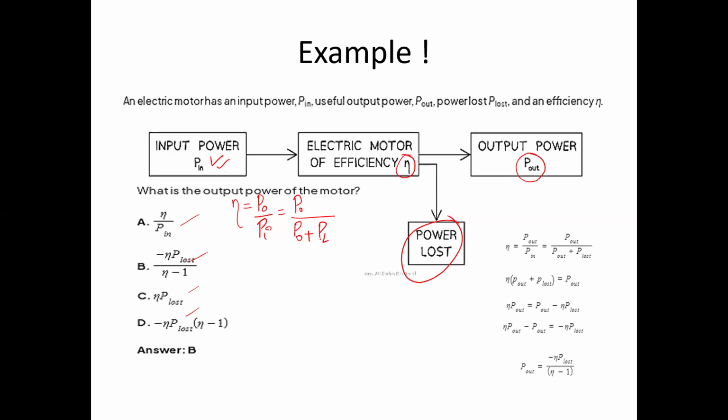So let's multiply the bottom part onto the left. So what does it become? Efficiency will be equal to output power divided by output power plus lost power.